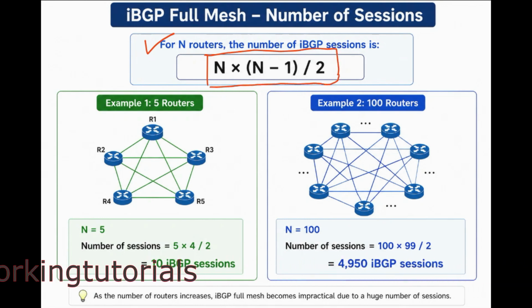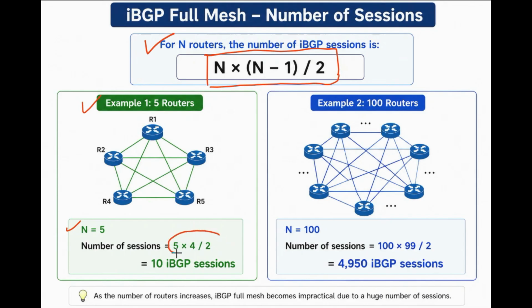For example, if you have 5 routers in your network and you need to form an iBGP full mesh between them, the formula is 5 x 4 / 2. So we have a total of 10 iBGP sessions required when n equals 5. N is the number of routers we have in the network that need the iBGP topology.